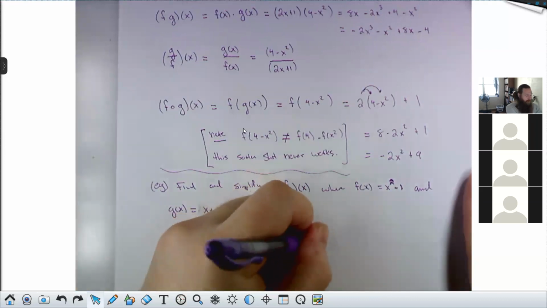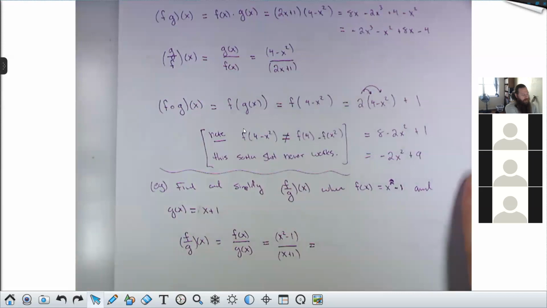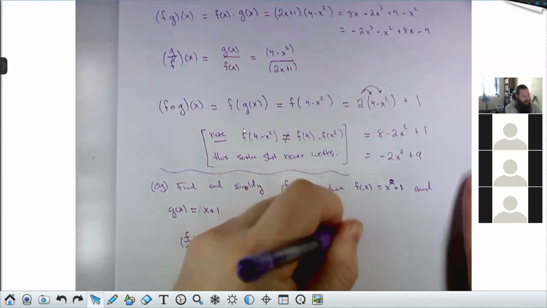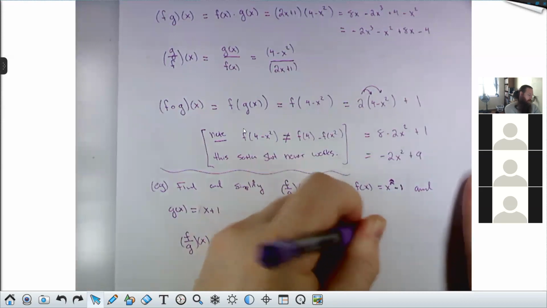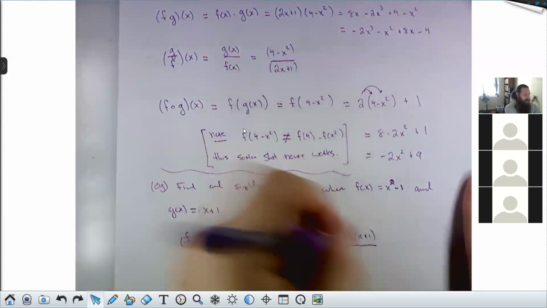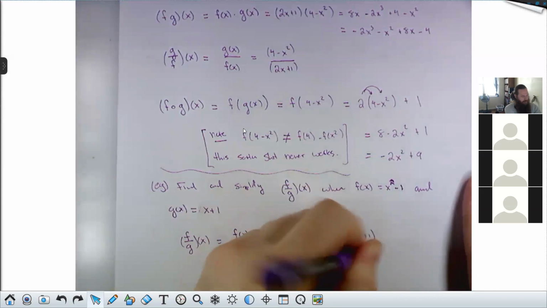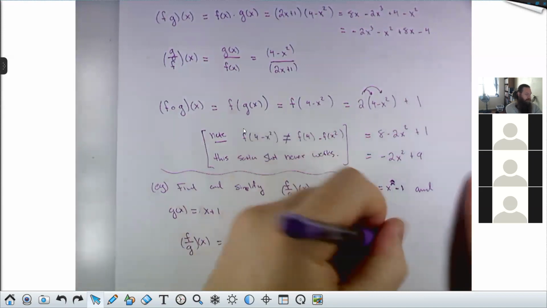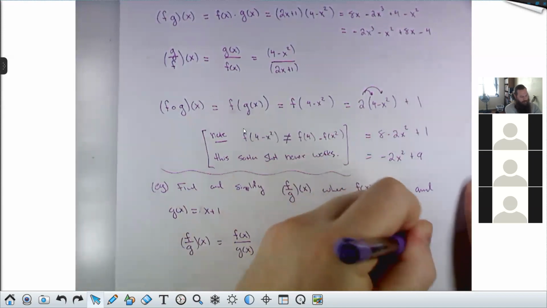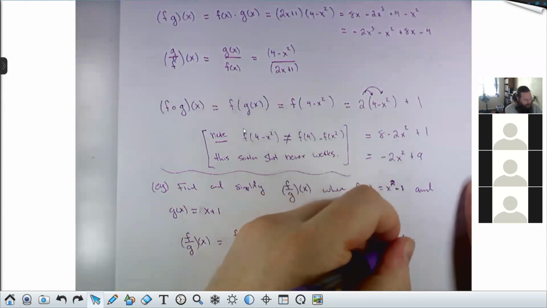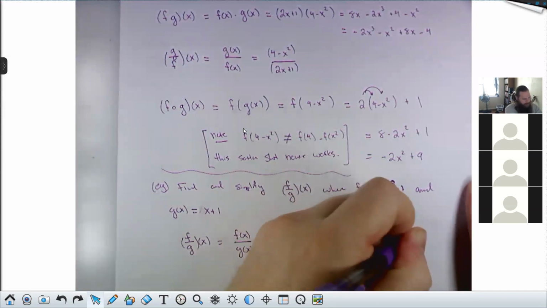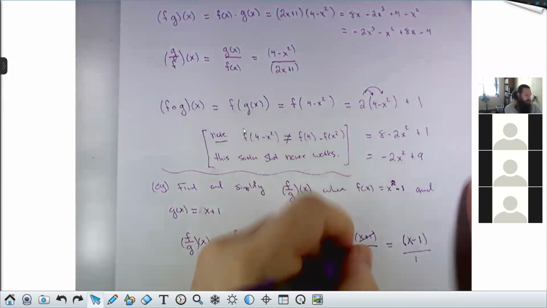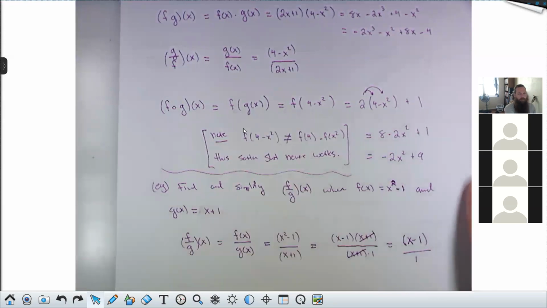The top here actually factors nicely, and it does have a factor in common with the bottom. That top can be factored as x minus 1 times x plus 1. And the bottom is x plus 1. So you can cancel the x plus 1s, and you get x minus 1 over 1, because this bottom is x plus 1 times 1.